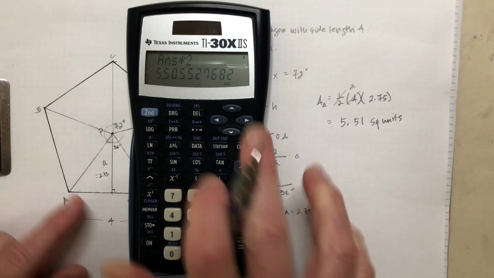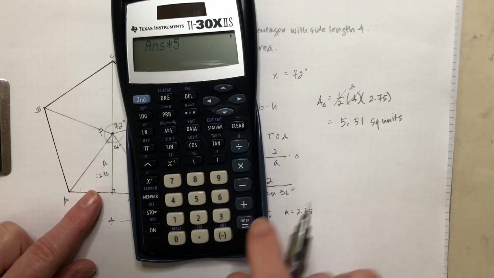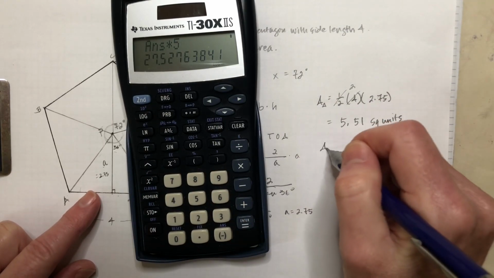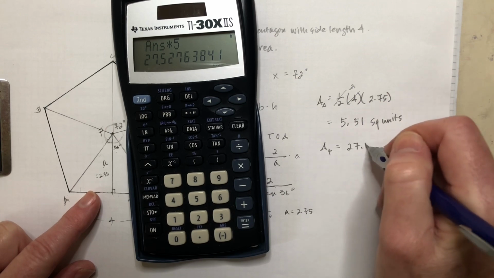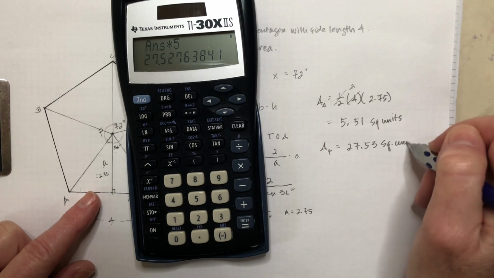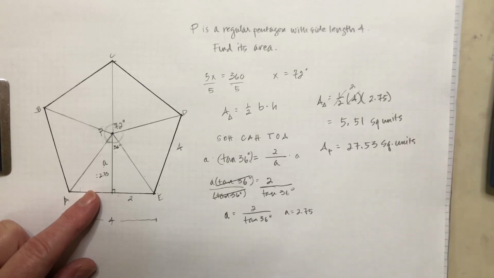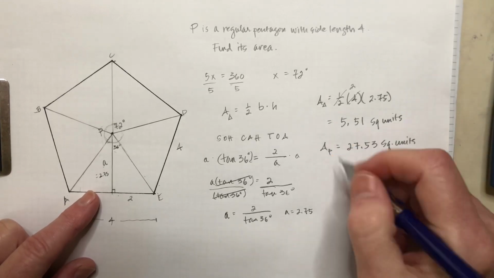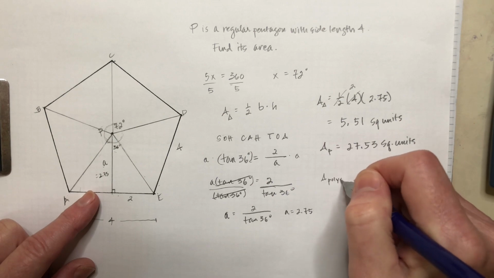That's just for one of those triangles. All we have to do now is multiply that by 5 to get the area of the pentagon. The area of the pentagon is 27.53 square units.